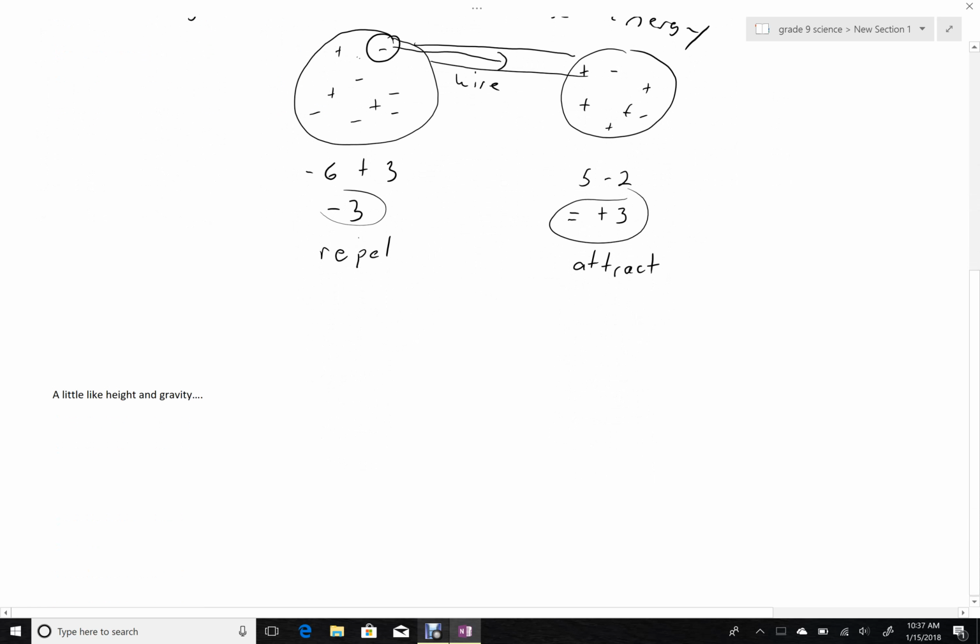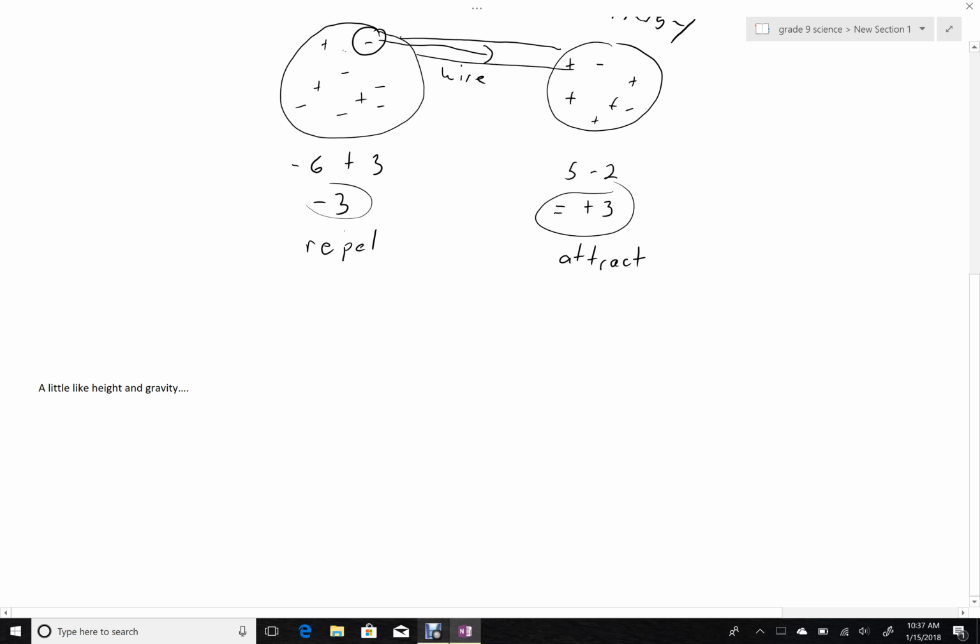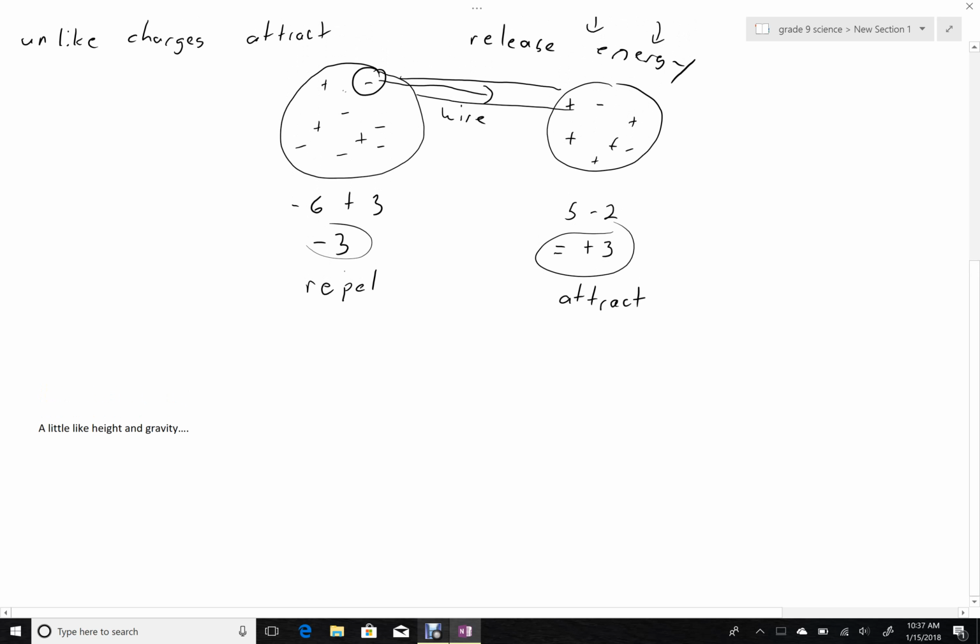The analogy that some people would make here is that electrical potential is a little bit like the height of a hill. We can imagine if a ball was at the top of this hill and it went to fall down the hill, then as it moved down, it would release energy. How much energy it would release would depend on the height of the hill.